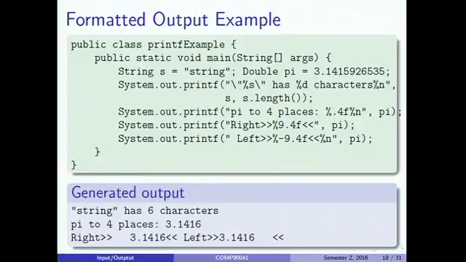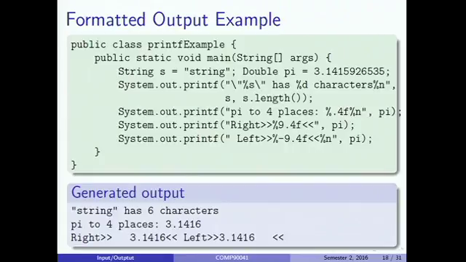And then here I'm saying write %9.4f. So I'm printing pi to 4 places in a field of 9. And it's a +9, there's no minus sign there, so it's going to be right justified. And then here's a left justified version where it's in a field of 9.